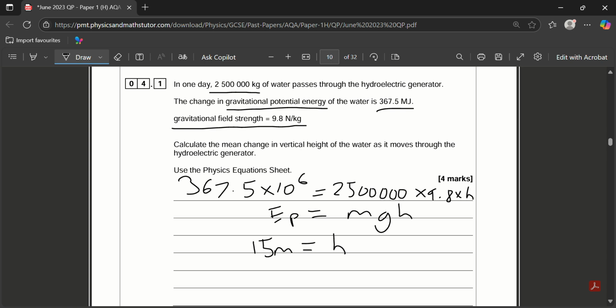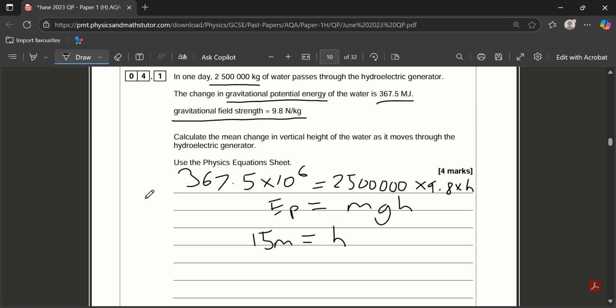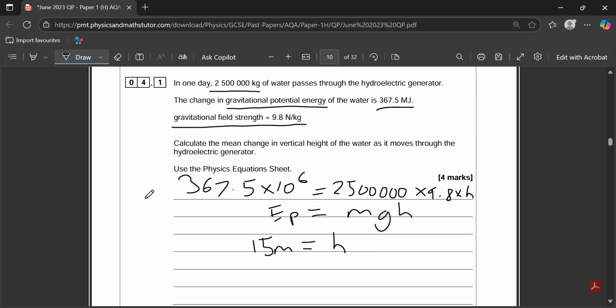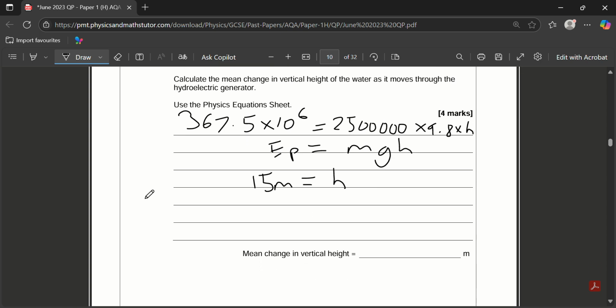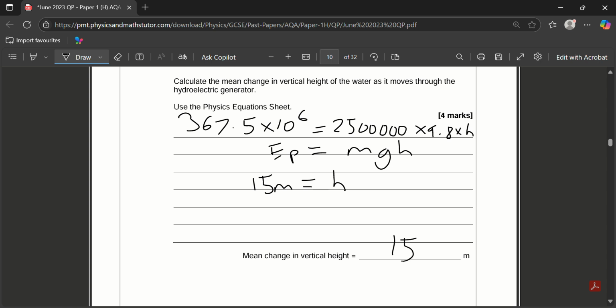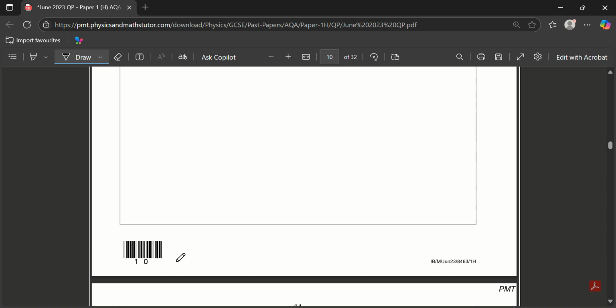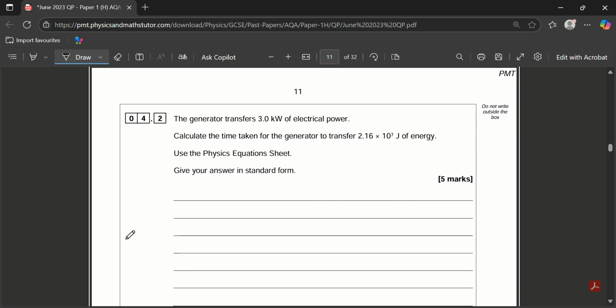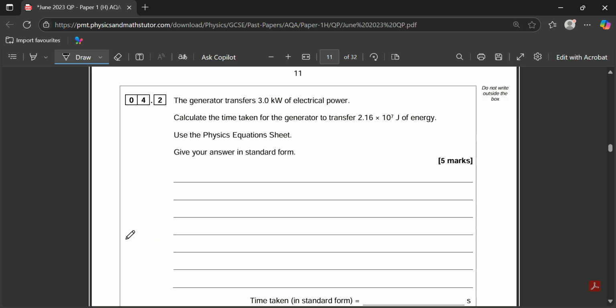It's kind of surprising. It's a whole number. Usually it will be like a 14.7 or something like that, a decimal, but it says 15. I'm going to trust my calculator. Okay, moving on to the next question. We're nearly coming to the end of part 1 of this paper. I'll be uploading part 2 either later today or tomorrow.